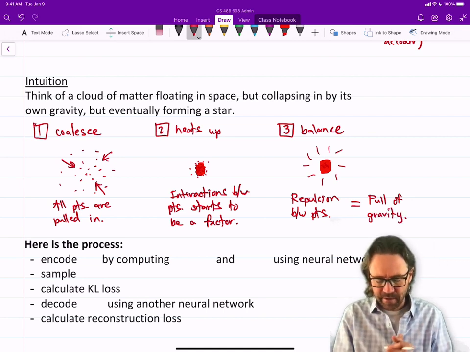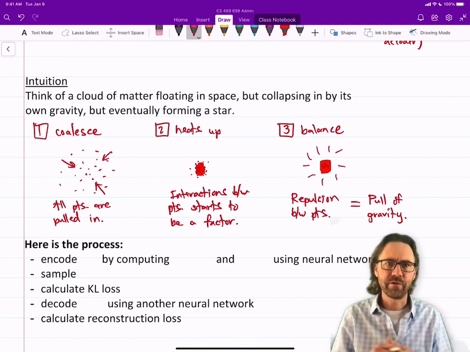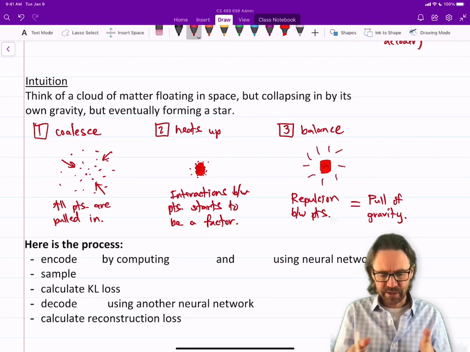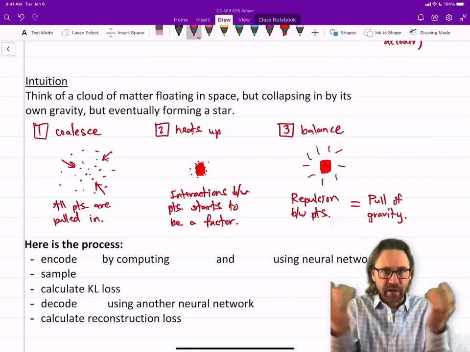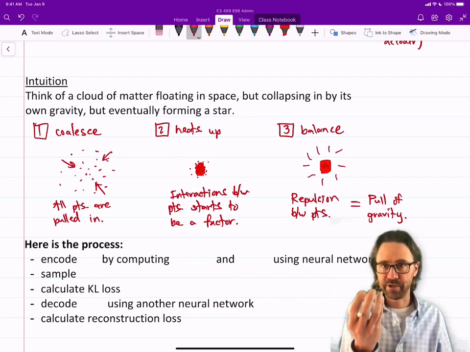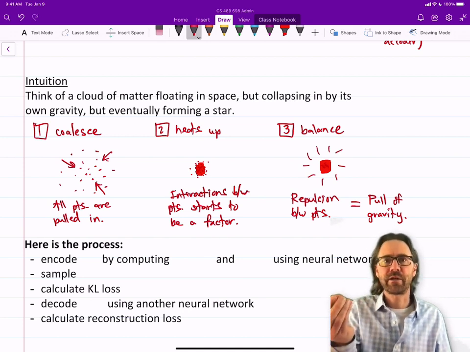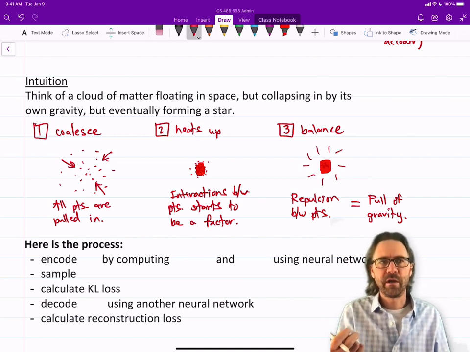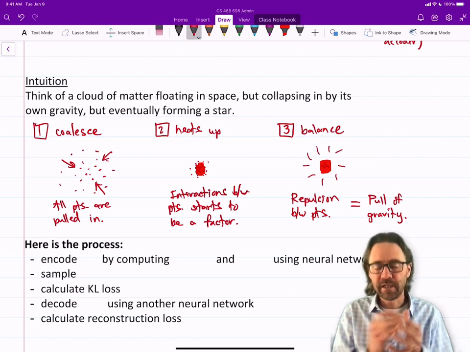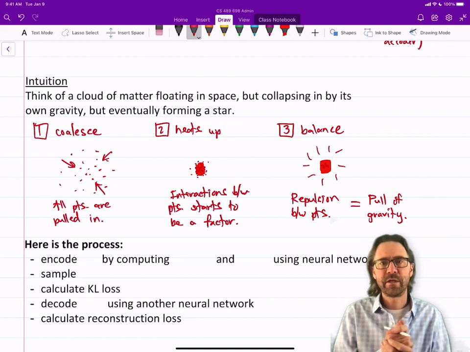So the metaphor I'm drawing here, of course, is that in our variational autoencoder, this is our latent space representation. We're asking them all to pull in towards the origin to form a standard normal distribution, but there's more at play because we have to be able to reconstruct our samples, reconstruct our MNIST digits, for example, from this latent space representation.